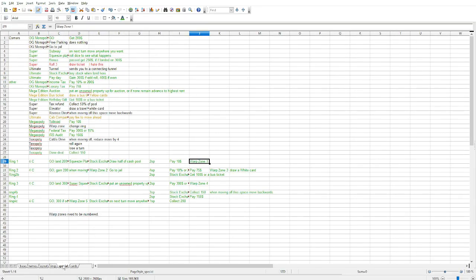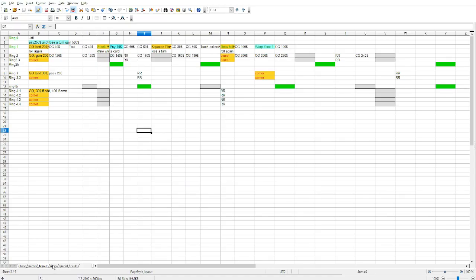Whatever. Doesn't change this one iota. It does change this, though, because these are actually going to be railroads now. Because the color groups... Yeah.